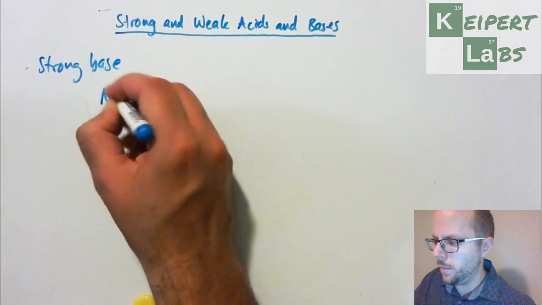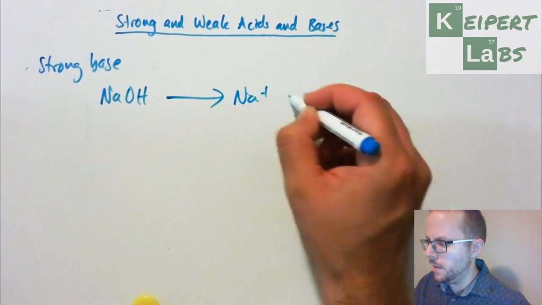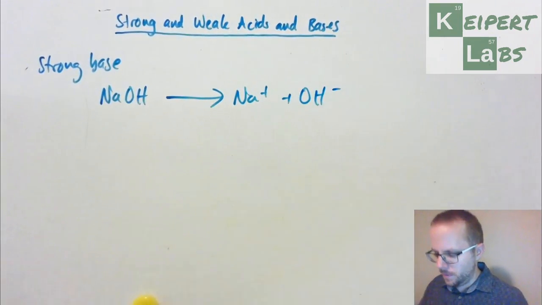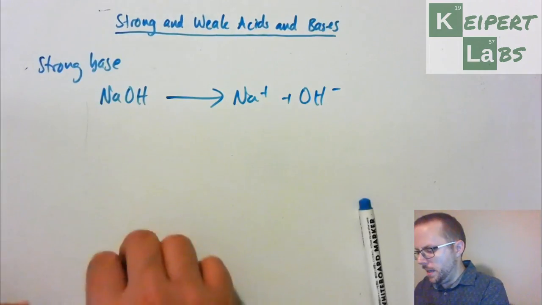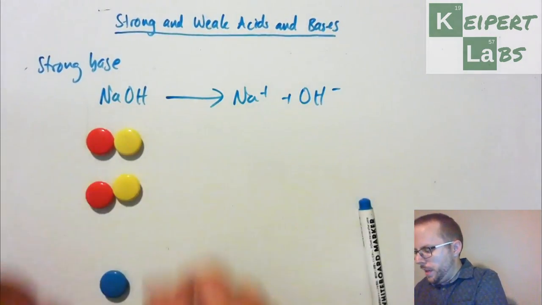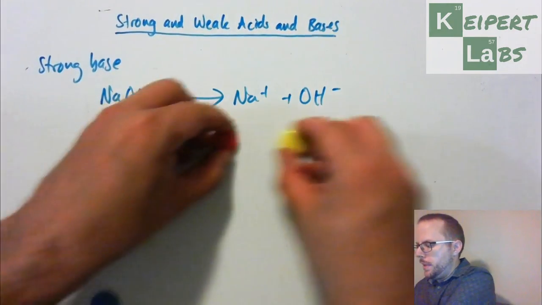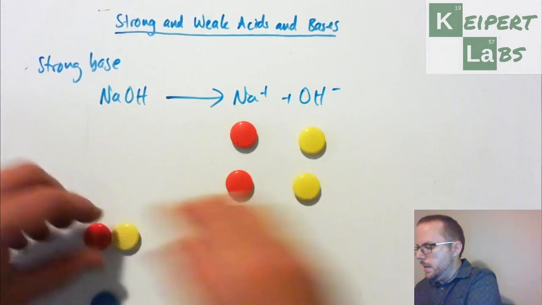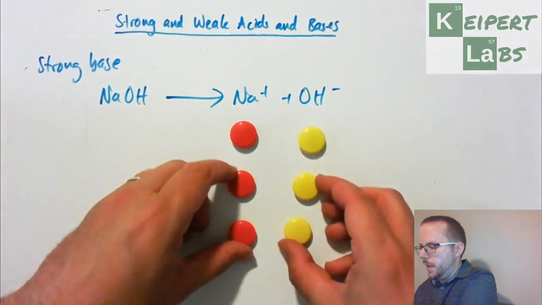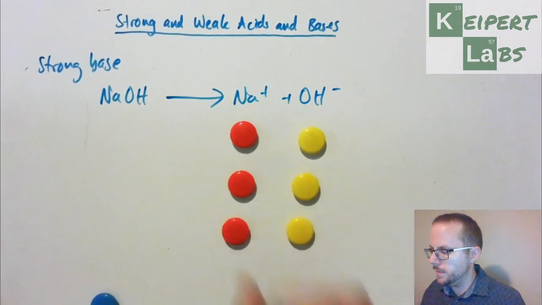We've got sodium hydroxide dissociating into sodium ions and hydroxide ions. Let's say we've got red and yellow representing our sodium hydroxide, and all of them are splitting apart into their separate ions. So it's fully dissociating, fully ionizing.